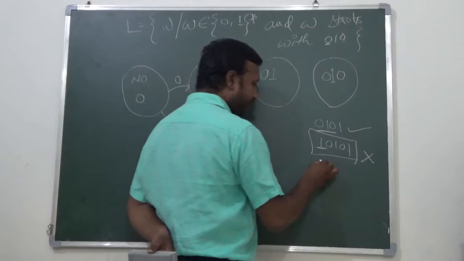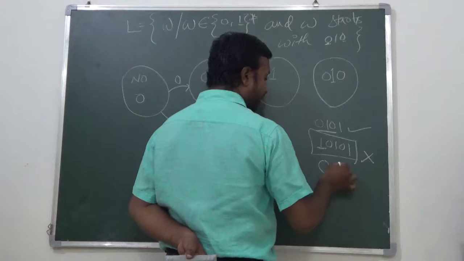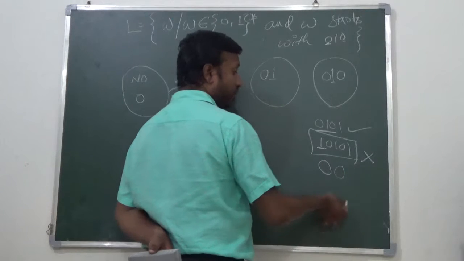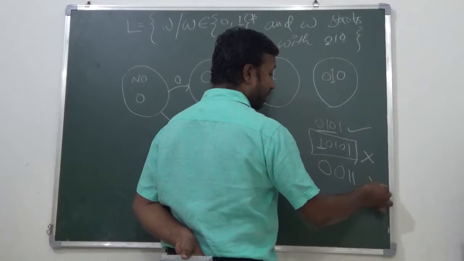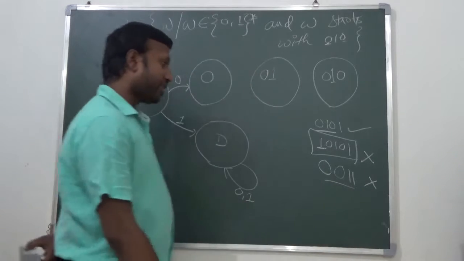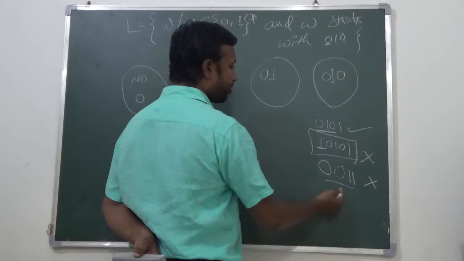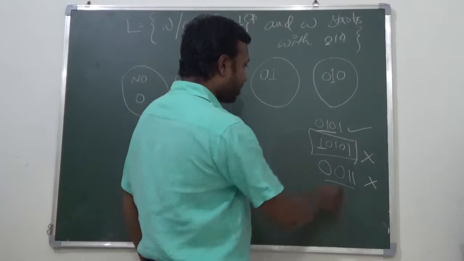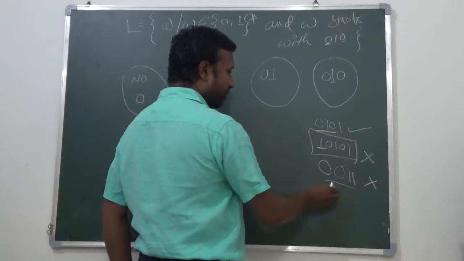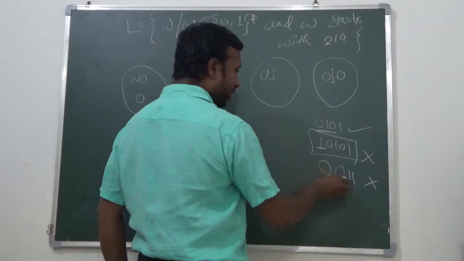At the same time, if the first symbol is 0 and the second symbol is again 0, then also it is not acceptable. The second symbol should be the 1. So this kind of strings will be accepted, but strings where the rules are violated should not be accepted.